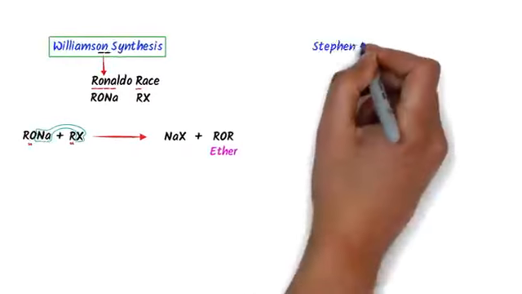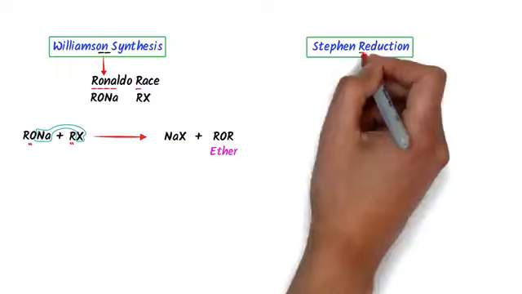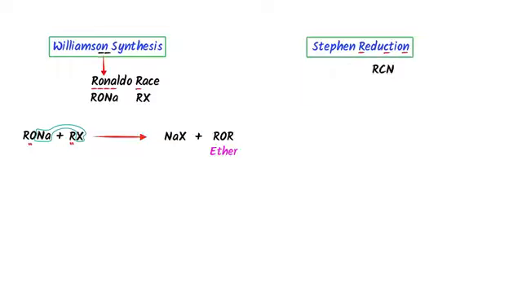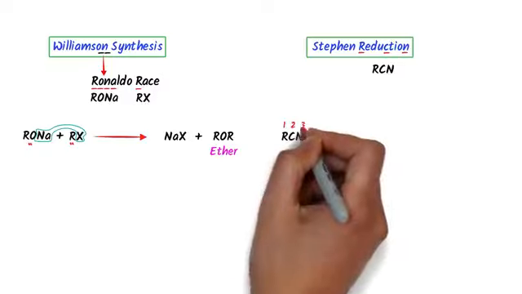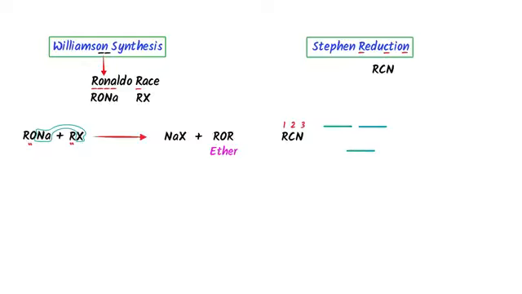Now let me teach you Stephen reduction reaction. Well, I select R, C and N in reduction. Now this R, C and N stands for alkyl cyanide. Now these are the three letters as 1, 2, 3. I write here 3 dashes. Now I select S and N in Stephen.